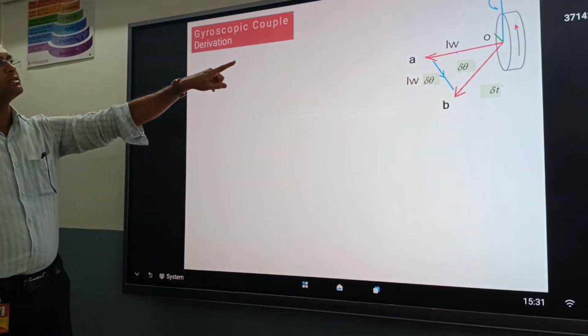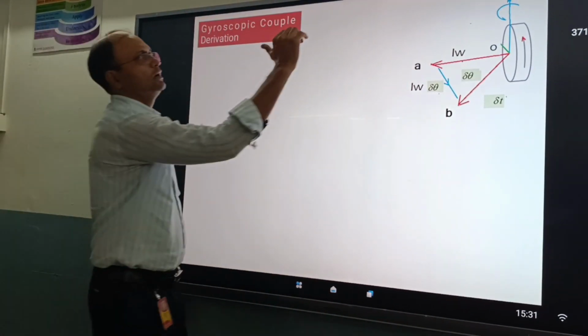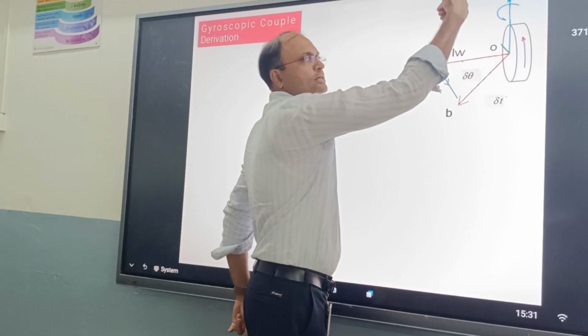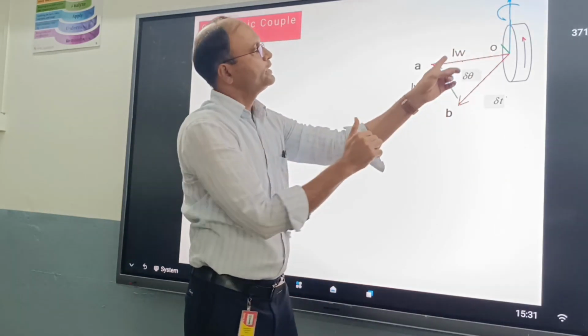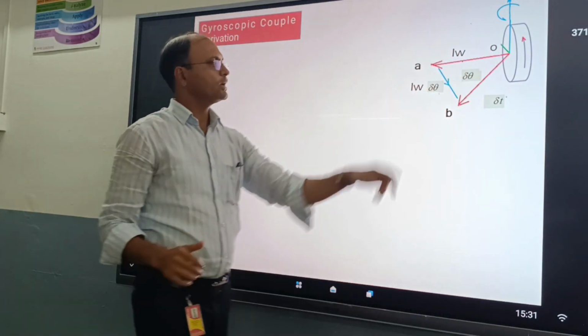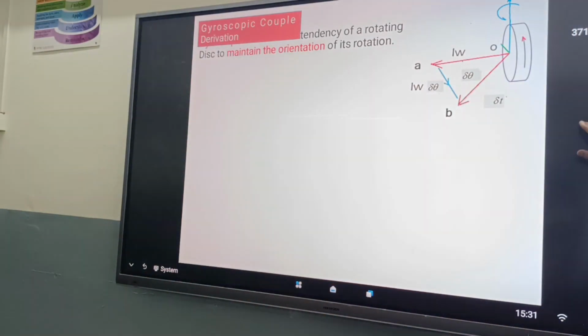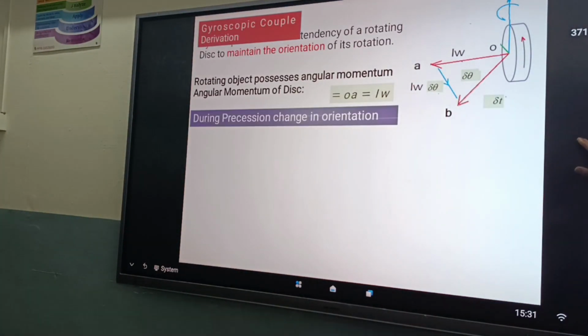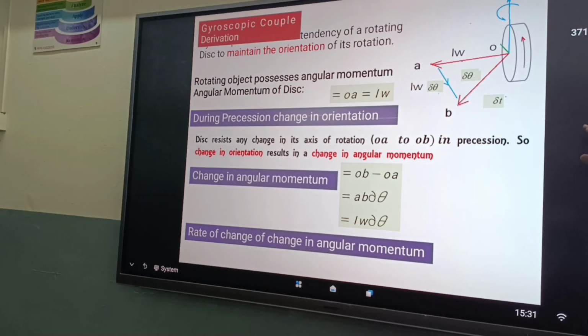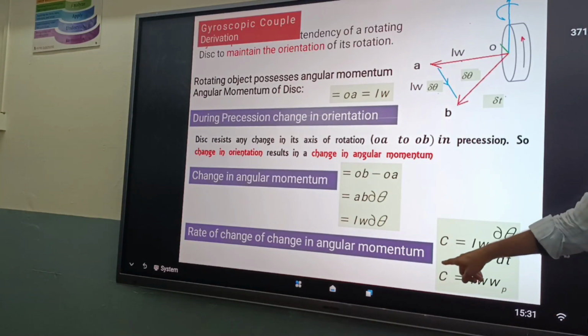So the same thing is mentioned here in the diagram: axis of spin, axis of precession, and then finally we get the axis of couple. Okay, so it's all mentioned here. And how do you calculate the magnitude of couple?